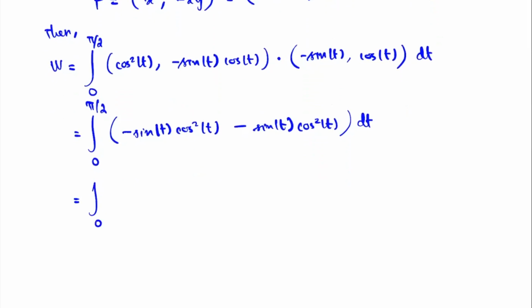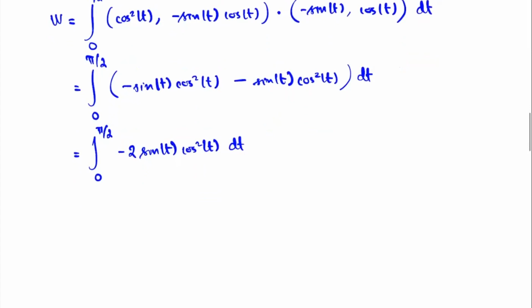So this is the definite integral from 0 to pi over 2 of negative 2 times sine of t cosine squared of t dt. And this definite integral can be solved using integration by substitution.